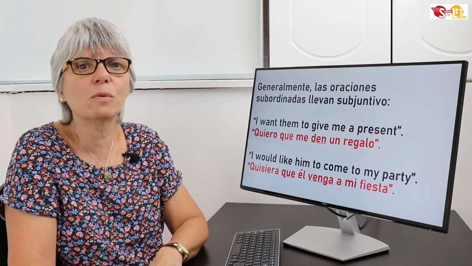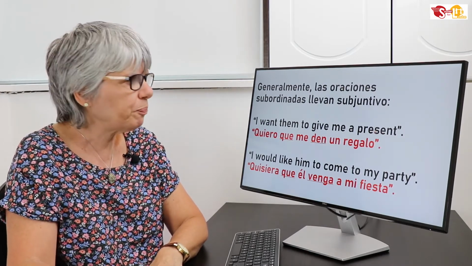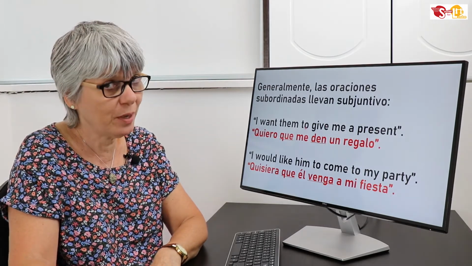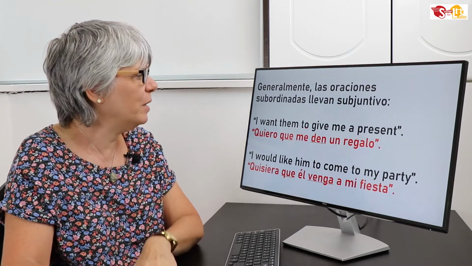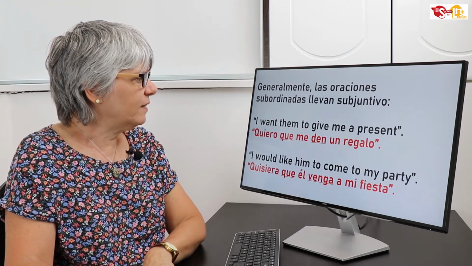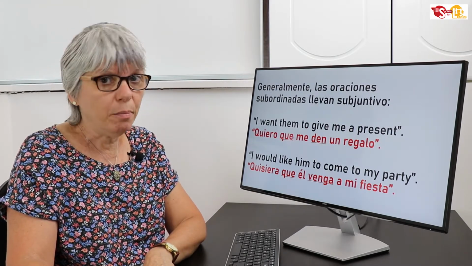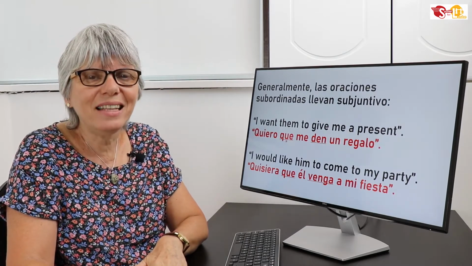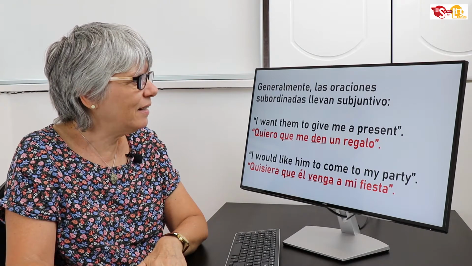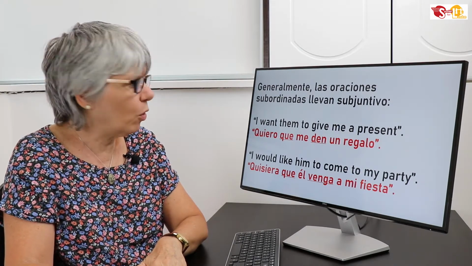This is called a subordinate clause. Well, most of the time in Spanish, not always, I said most of the time, the subordinate clauses are introduced by que, meaning that, so I want that, and then the verb takes the subjunctive form.